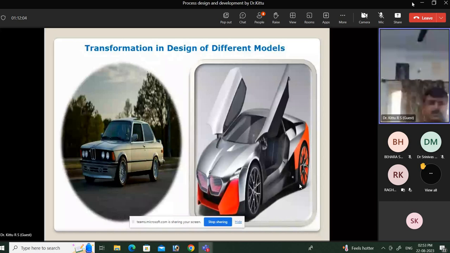You observe so many different models, different companies having different models of cars. But try to analyze the initial stages and what we have nowadays.